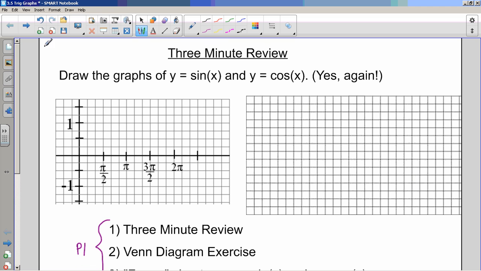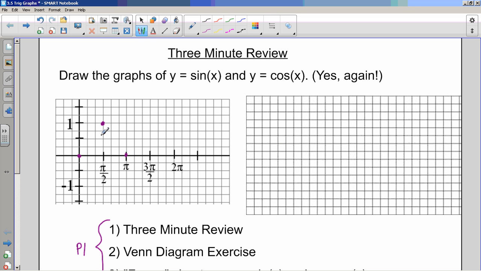The 3-minute review is hopefully less than 3 minutes, especially when it's set up like this. The grid's already set up, sine starts at the origin and important points every 3 ticks. We used to say last year every 90 degrees, but it's every pi over 2 or every 3 ticks.